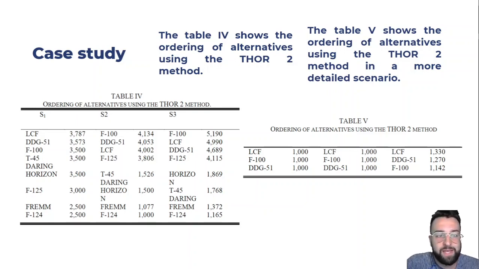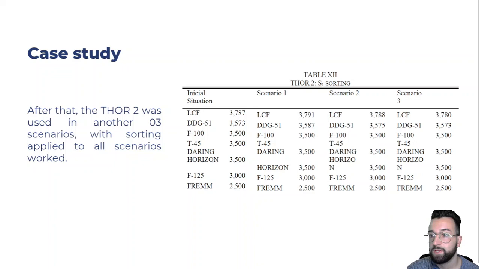And a more detailed analysis was carried out by evaluating an additional scenario composed only of alternatives that make up the first group. For this, the THOR algorithm was used. The result can be seen in table 5. Here we have the ordering of alternatives using the THOR method in some different situations, okay?